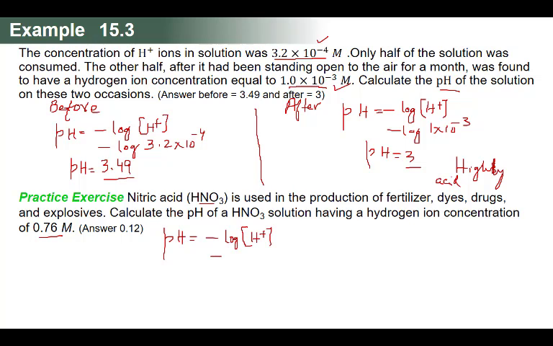So minus log 0.76. So pH will be equal to 0.12. This is highly acidic, because nitric acid is already a strong acid.